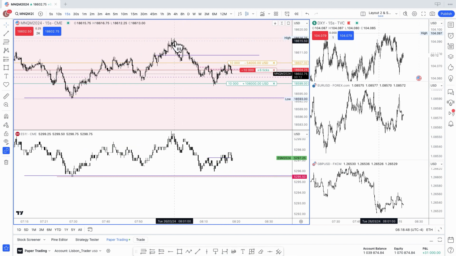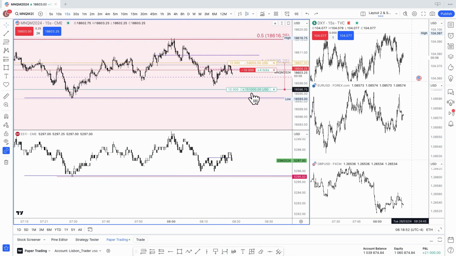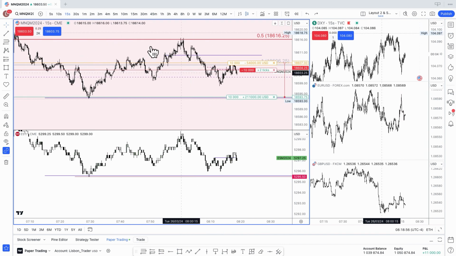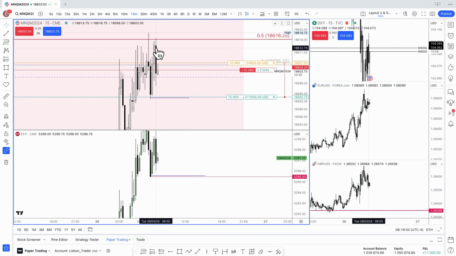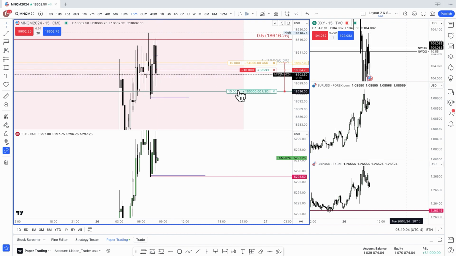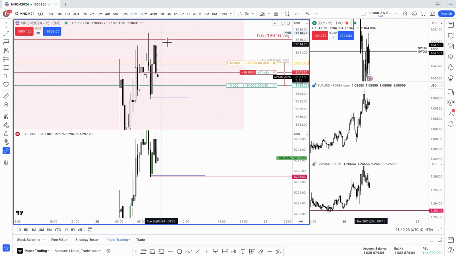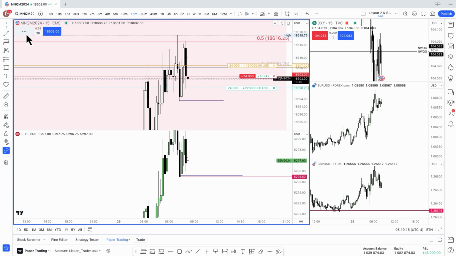So this level was taken. They want to go to take this. So they scored it there, and at least they want to go after this one. Let's go for it.